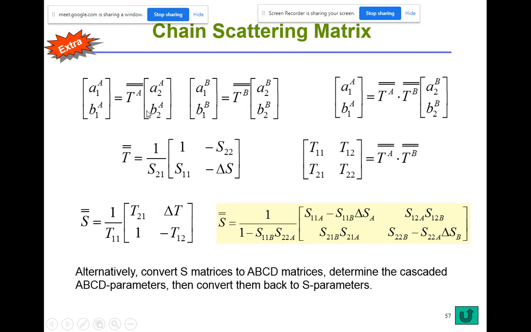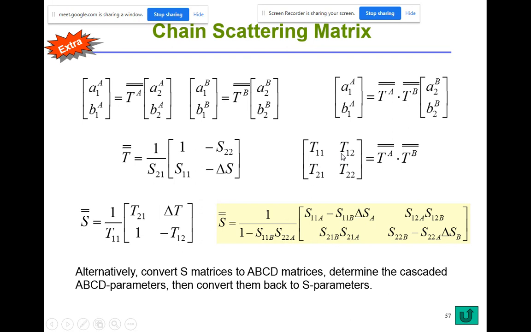That is, from S you convert it to T. T is 1 over S21 multiplied with this matrix: 1, minus S22, S11, and minus delta S. This delta S is the determinant of the S matrix for A and B and so on.